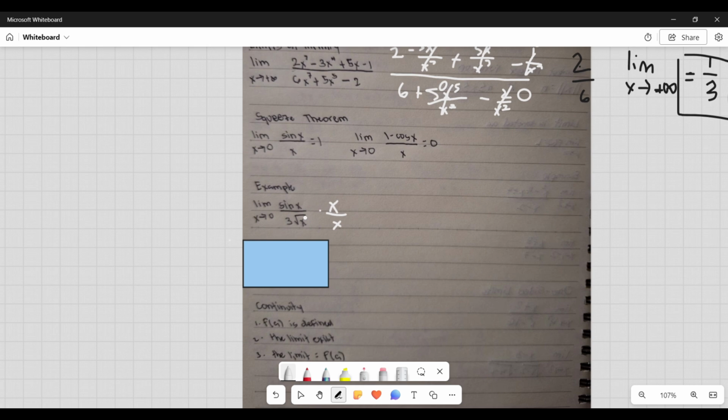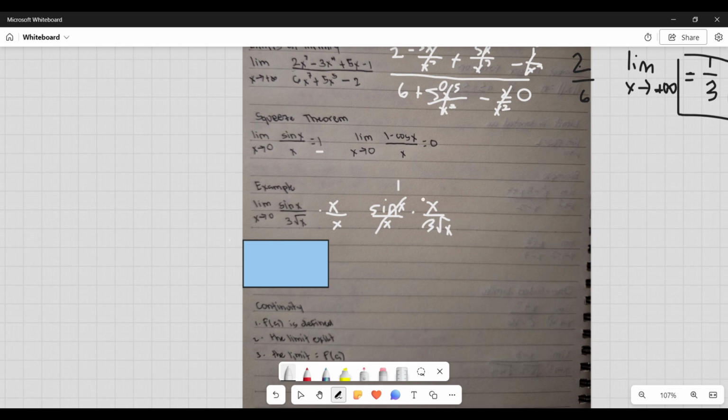So we can shift these two, which will lead to sine x over x times x over 3 square root of x. So this is just 1, as per the squeeze theorem.